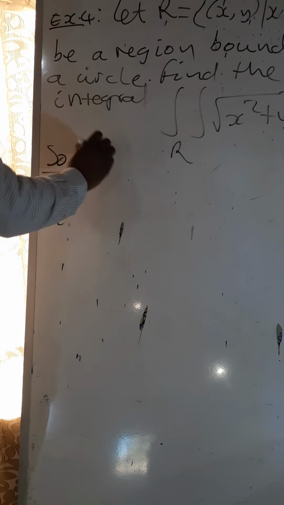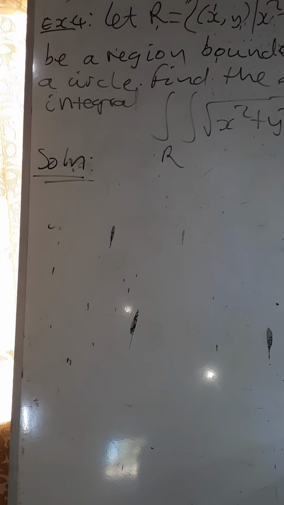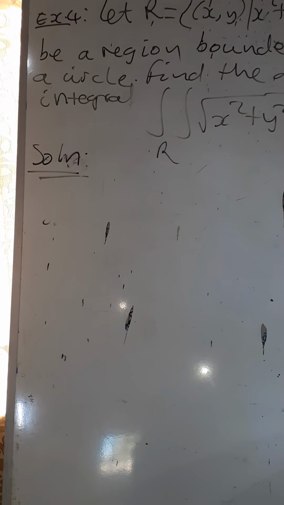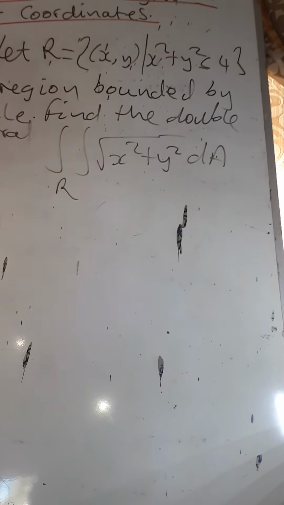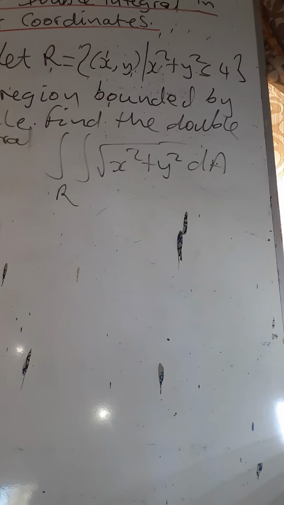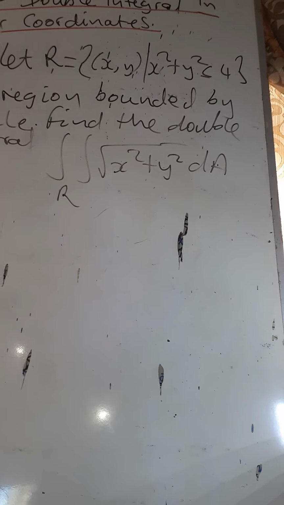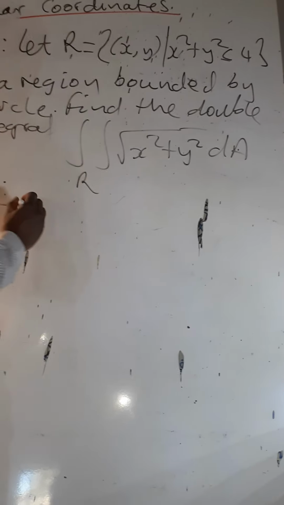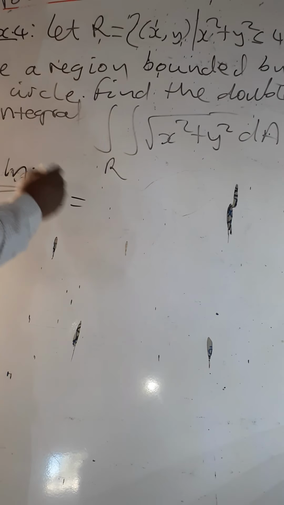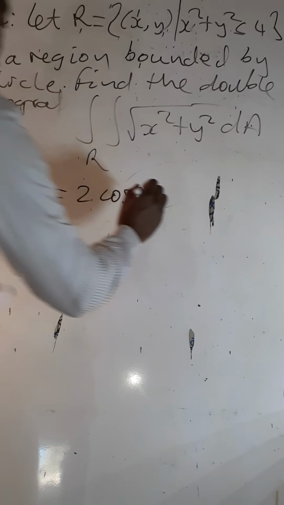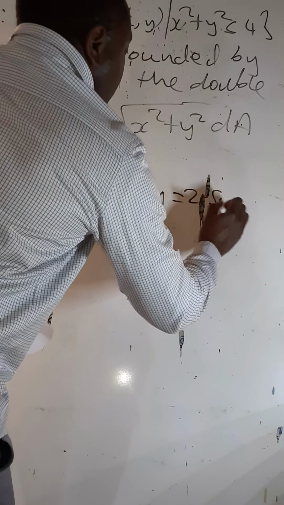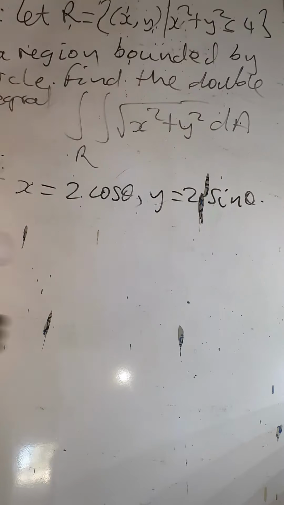Now, before we write down the double integral, from this region here, you'll find this is a circle of radius r. But r squared is what? Is 4. So it's radius 2. So we can then say x is equal to, instead of r, we put 2 cos theta. Y is equal to 2 sin theta.